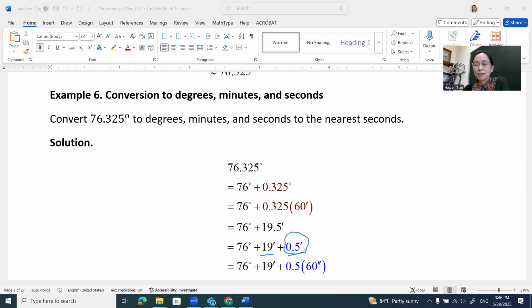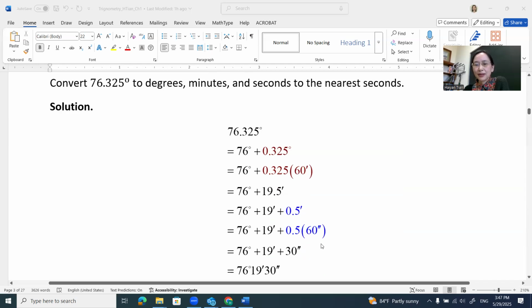That part we want to convert this decimal minutes into seconds. So we multiply this number by 60 to get seconds. So when we have the decimal minutes, we want to convert it into seconds. We multiply it by 60. And then half of a minute, right, is 30 seconds.